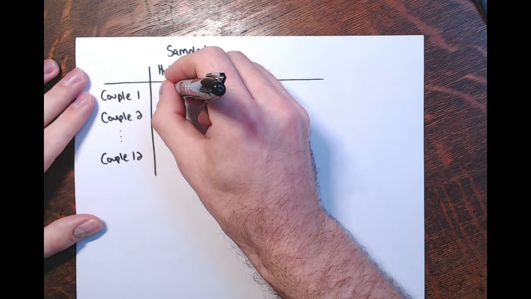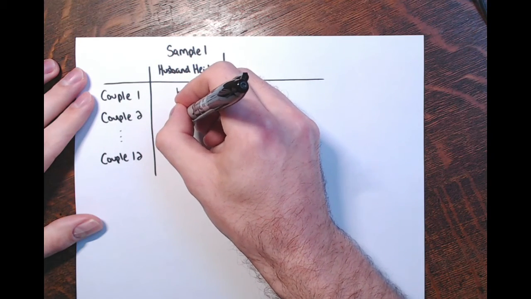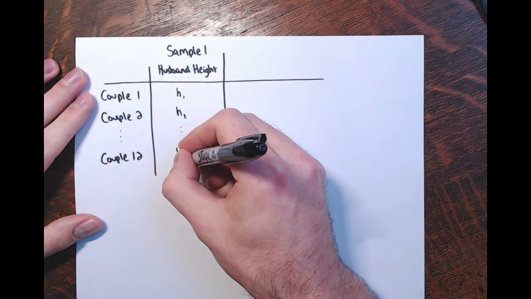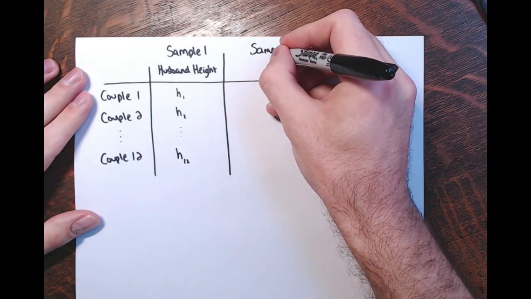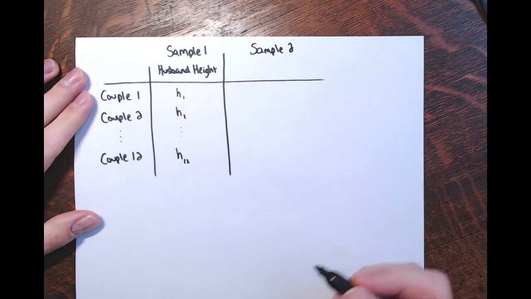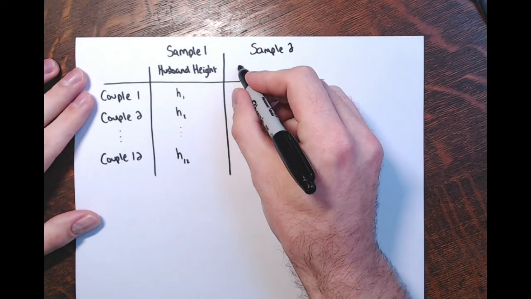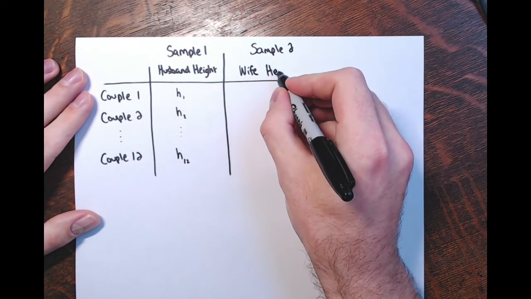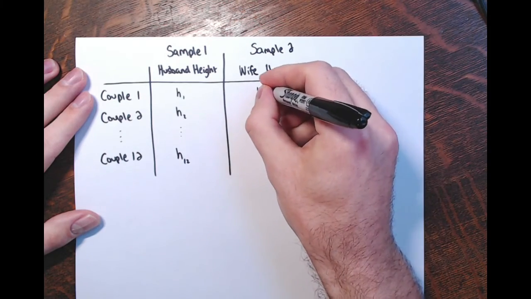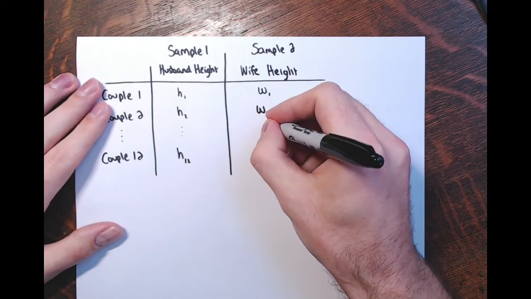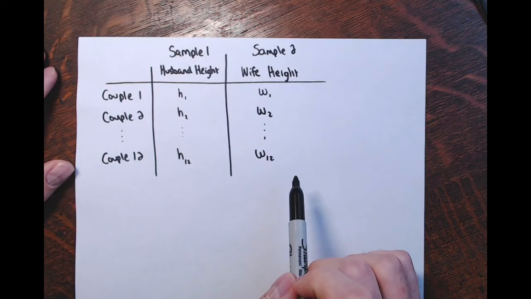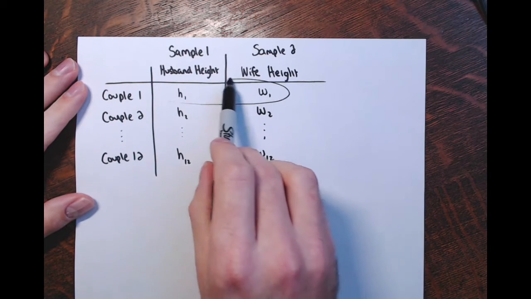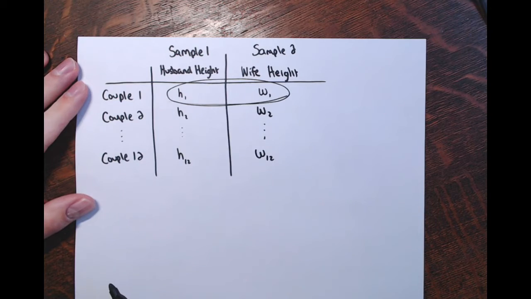Let's call that H1, H2, down to H12, H for husband. And then sample 2 is the 12 ages of the corresponding wives, wife age. I'll call this W1, W2, and W12. Now again, I can't switch numbers in these lists because these are paired. These two need to be next to each other because they're from the same couple, these two need to be next to each other, and so on.